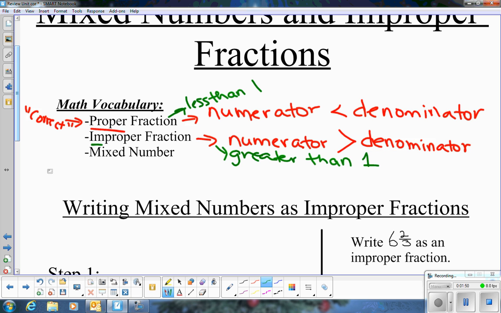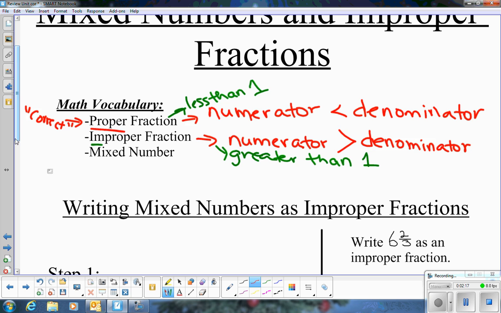It looks like a 1. Anytime the numerator is bigger than the denominator, it's greater than 1. If the numerator is equal to the denominator, it's worth 1, right? 3 over 3, 4 over 4 is worth 1.